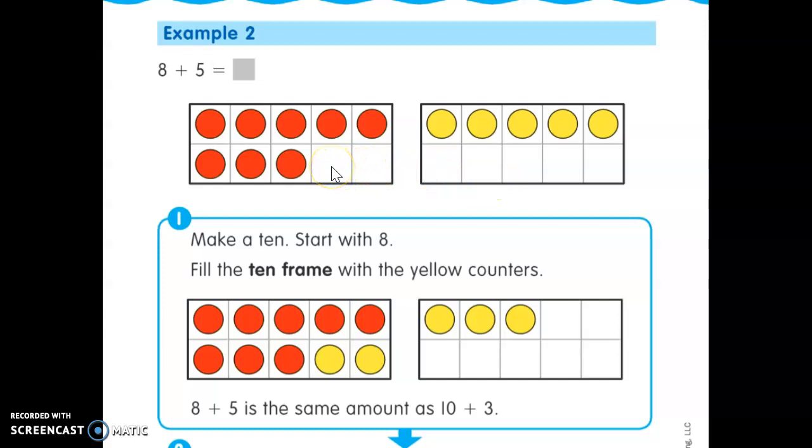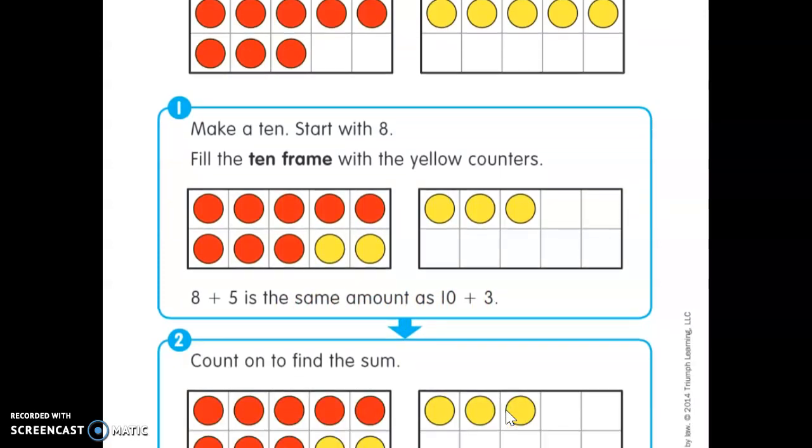The first one shows 8, and we know that to make 10, we need 2 more, just like they did. So what they did is they dragged 2 counters over. So now we have 10 plus 3 more. And that's the exact same thing as 8 plus 5 is also the same thing as 10 plus 3.